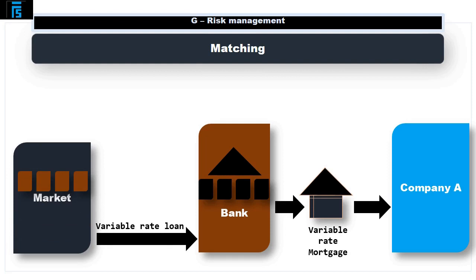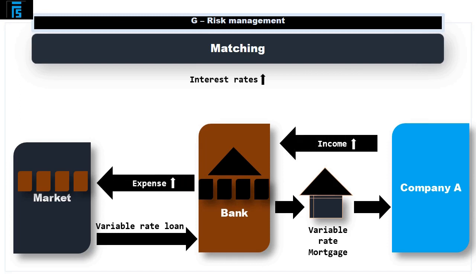It might be sensible for the bank to finance this mortgage by taking out a variable rate loan itself. If the bank were to do this, then as interest rates rise in the market, then as income from our customer rises because we charge them more, our own finance charges will rise similarly. This means the bank's profit, the difference between income and expenses, will stay approximately the same.